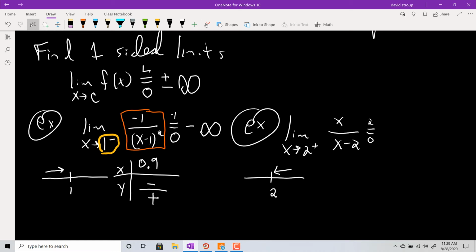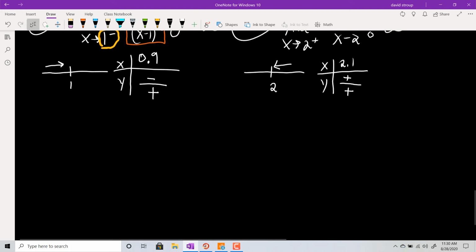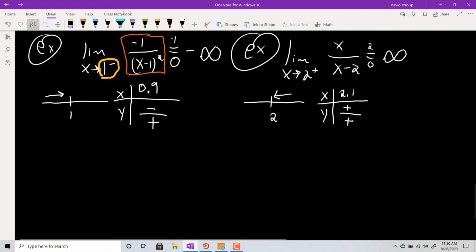So I'm thinking numbers like 2.1, and so I'll do a test value, 2.1. In the numerator, I have a positive, and in the denominator, 2.1 minus 2 is 0.1, it's positive. So I'm going to end up with positive infinity. And you can carry on, you can make up your own examples. This doesn't take any sort of special talent.